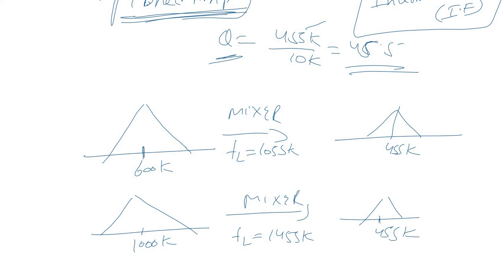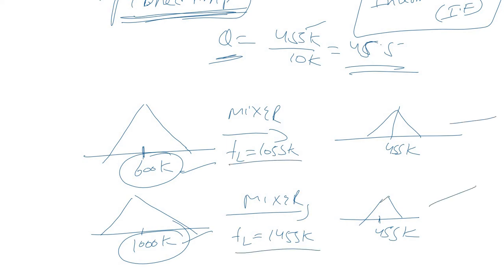So irrespective of the input signal frequency, 600 or 1000k, using a different local oscillator frequency, we can down convert it to an intermediate frequency, that is 455 kilohertz.